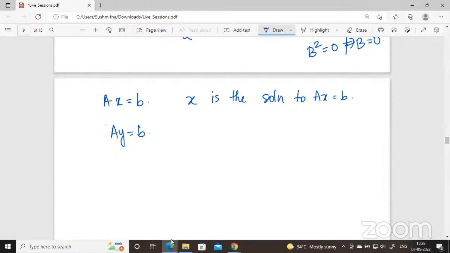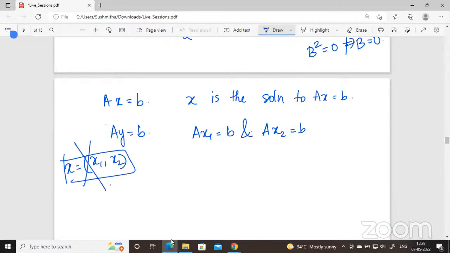AX1 is equal to B, and AX2 is equal to B. This is not X is equal to X1 and X2. X1 is a solution to this system, X2 is a solution to this system. So now can you solve?